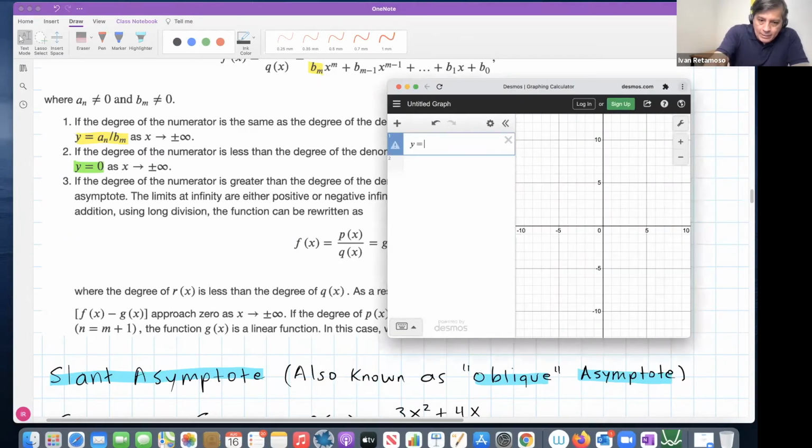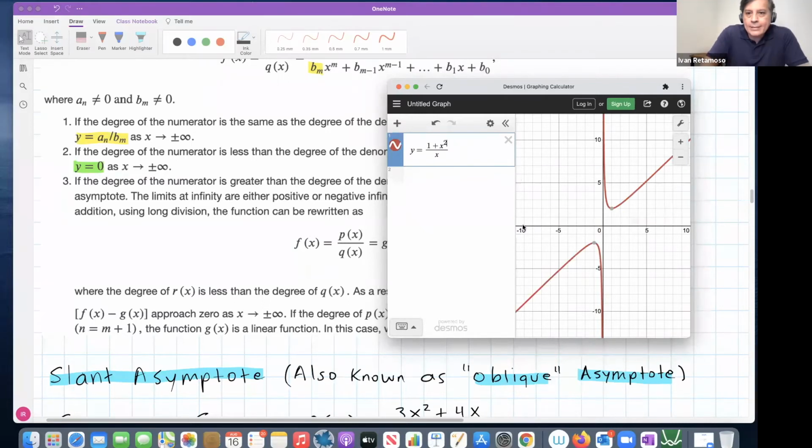y equals 1 plus x over x, let's make it a square. That's it. You see this, guys, in there? This is the graph of this function, and the slant asymptote is this.